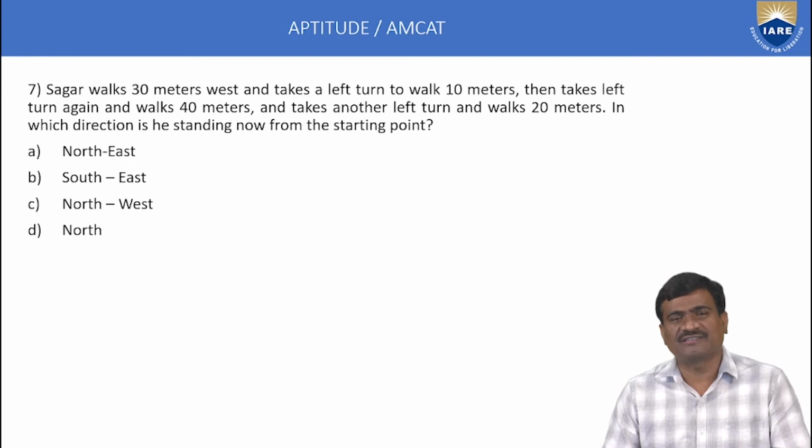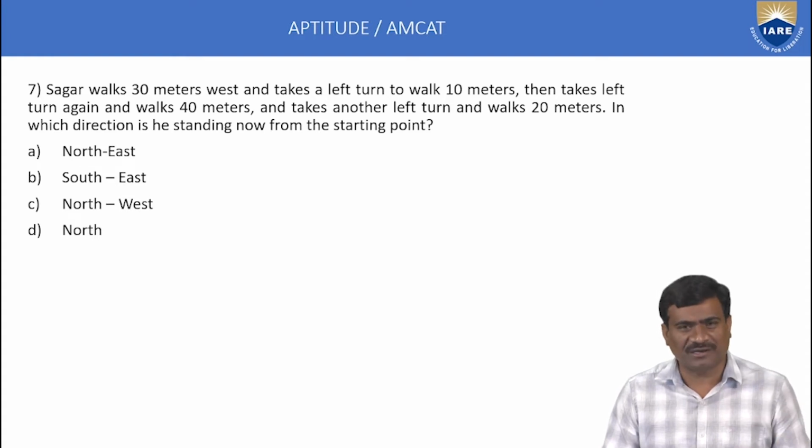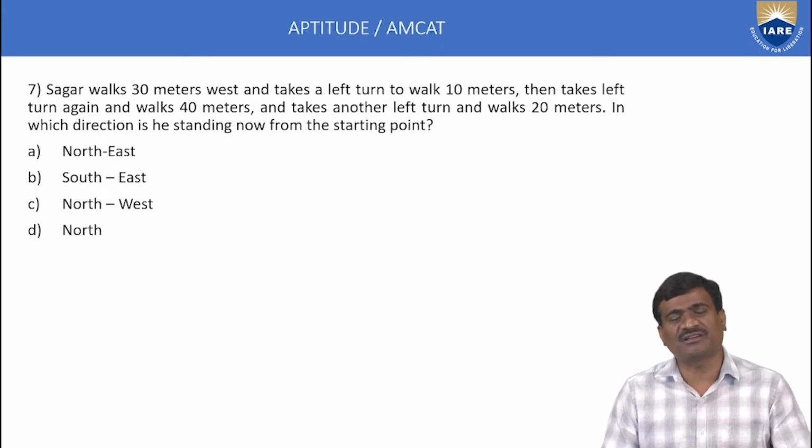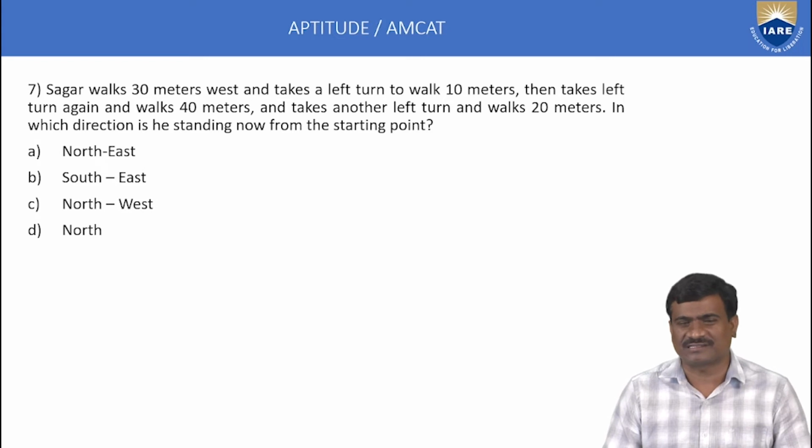Next, seventh example, also the same method using the direction concept. In the AMCAT test pattern, logical ability, the direction test concept is worth minimum 2 marks. In the direction test concept, we have 3 methods. First method, calculate only distance.